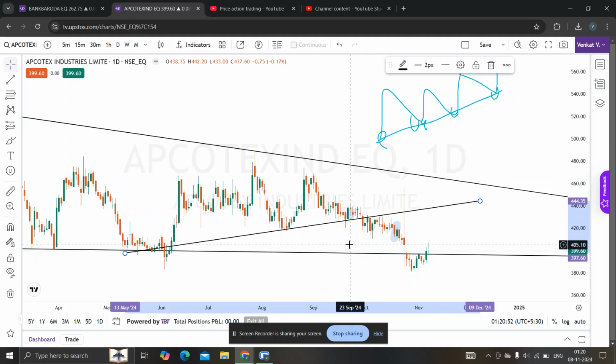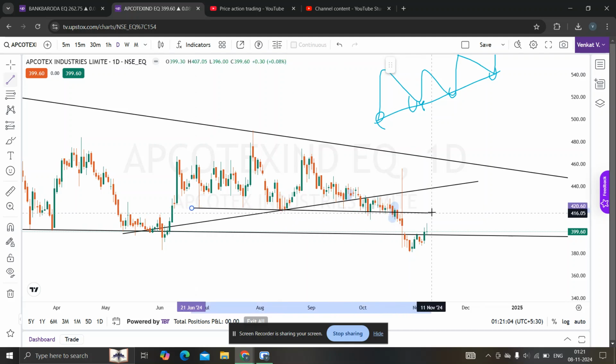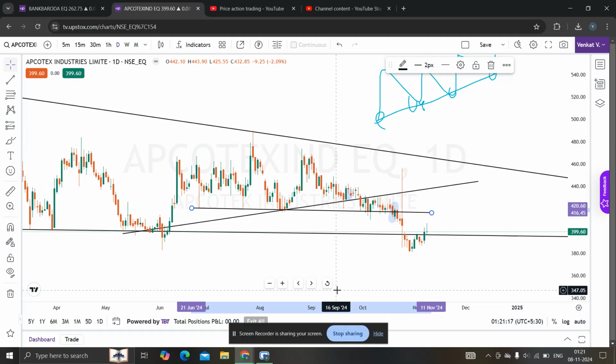But no, that did not happen. The breakdown happened after some consolidation, and I didn't exit because there is a support here, right? One, two. So that's why I was waiting for this to break down. The breakdown happened at this candle, and I exited at this candle.